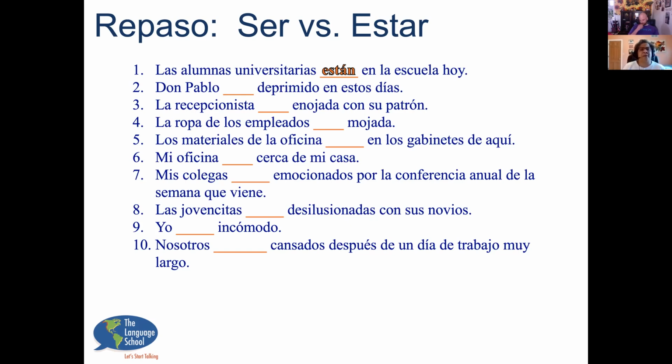Okay, so Don Pablo está deprimido en estos días. La recepcionista está enojada con su patrón. La ropa de los empleados está mojada.